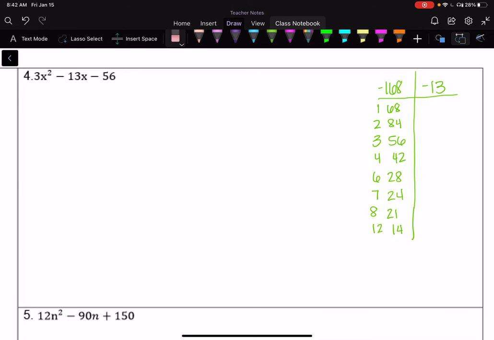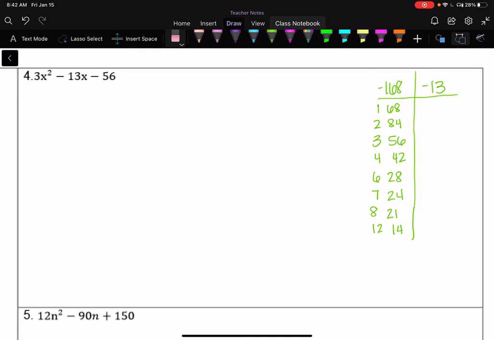So looking at all of these numbers, there's not going to be any that add up to be 13 the way that they are now, or negative 13, excuse me. So for me to add two numbers together and get a negative, that means that they both need to be negative, or the larger number needs to be negative.